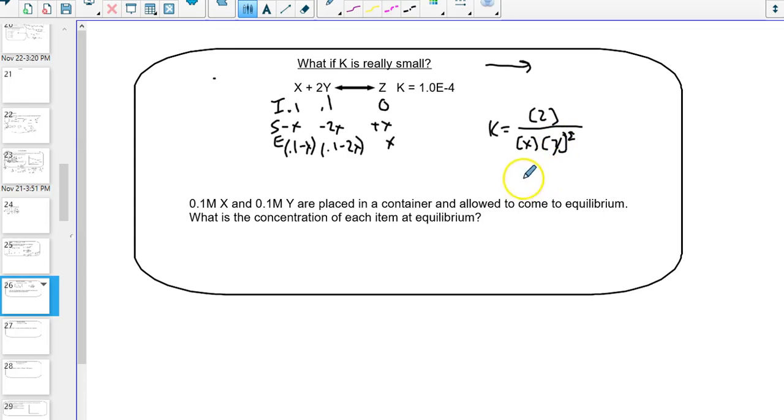And I want to know, as I lose my 0.1 and gain this x, how much do I need so that I would match this number, 1.0 e to the negative fourth? Well, it turns out that because this is so small, my numerator needs to be really tiny, and my denominator has to be relatively large. So how much x is going to actually change over here?